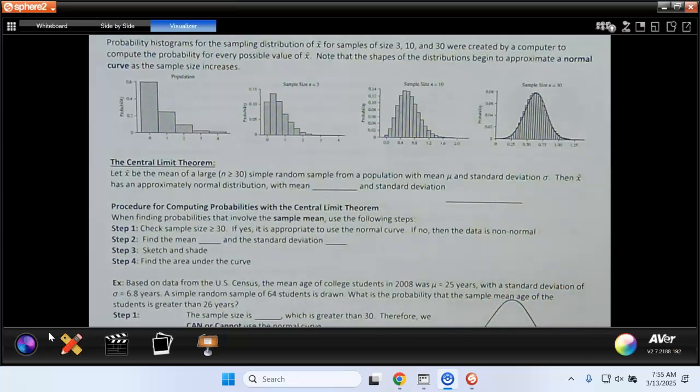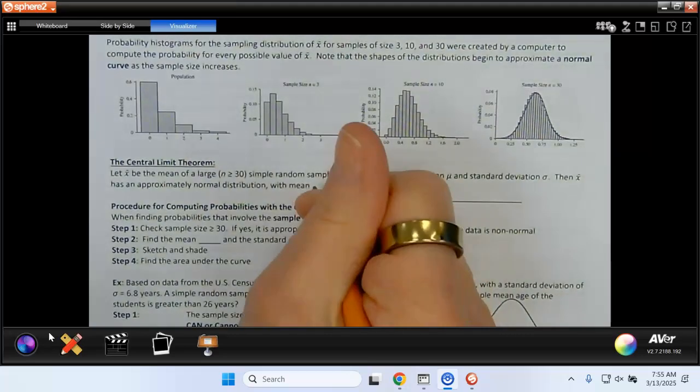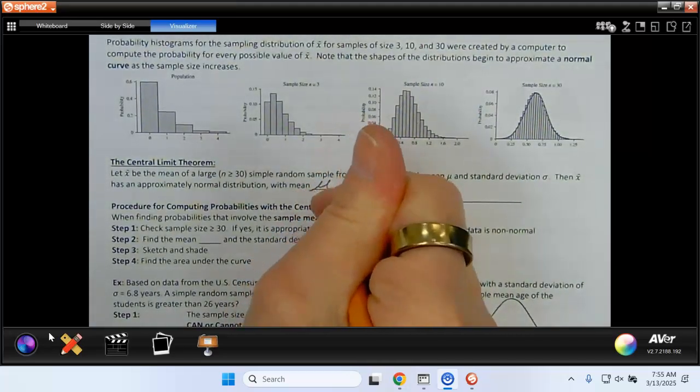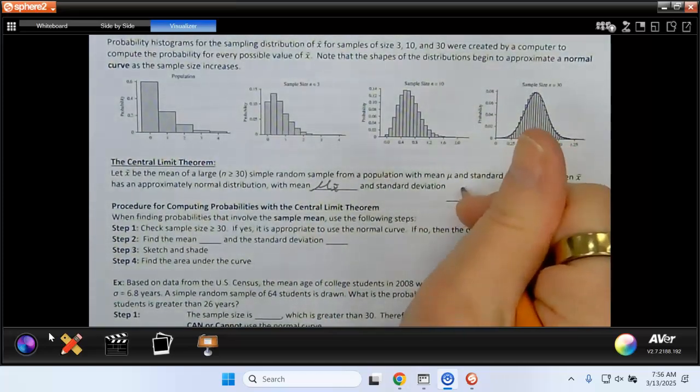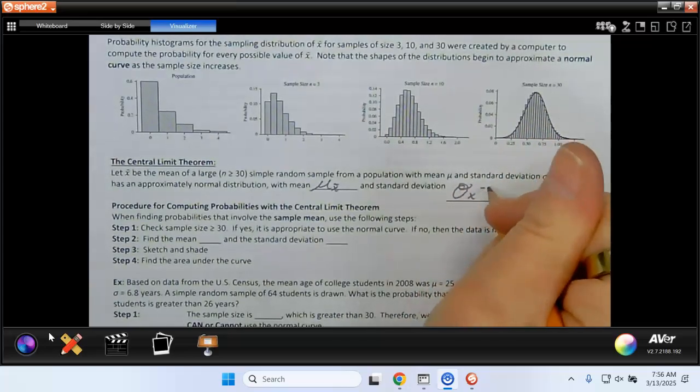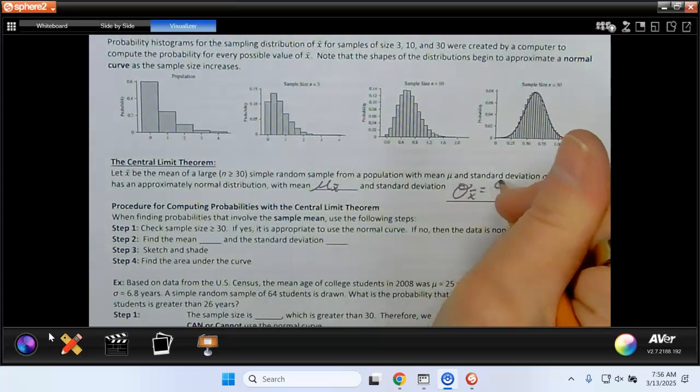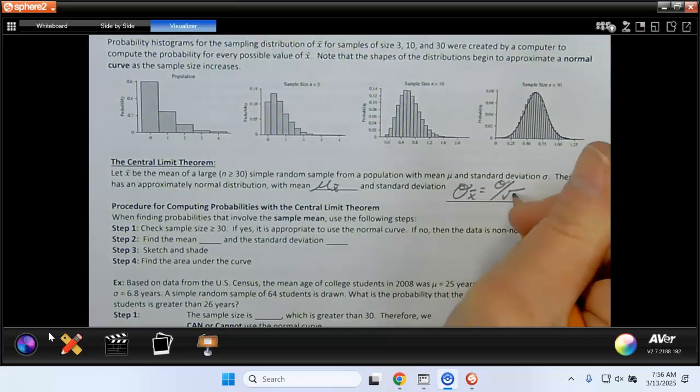The mean we use is the mean of the sampling distribution, and the standard deviation is the standard deviation divided by the square root of the sample size.